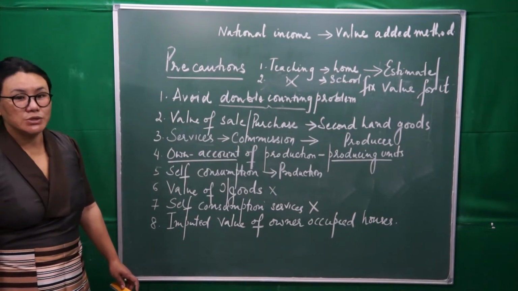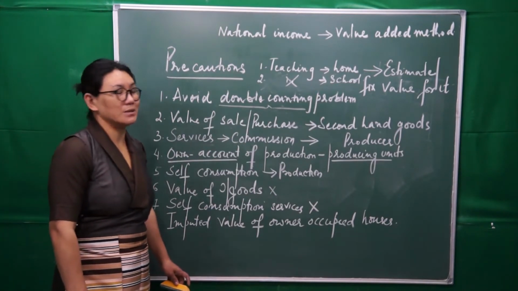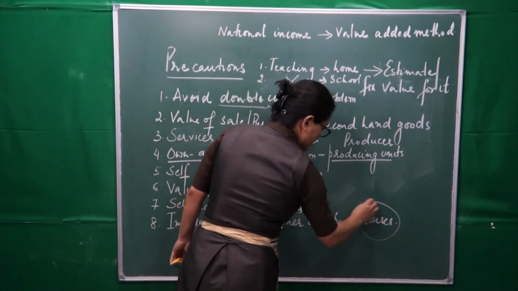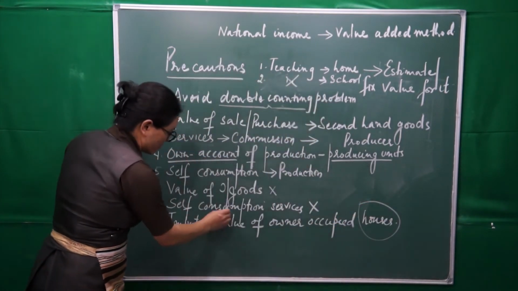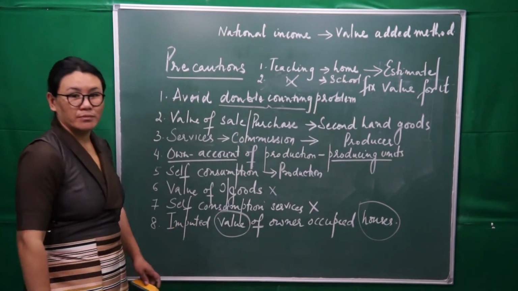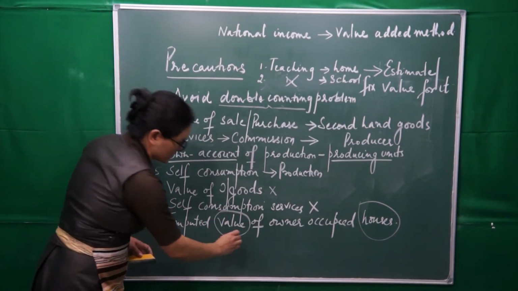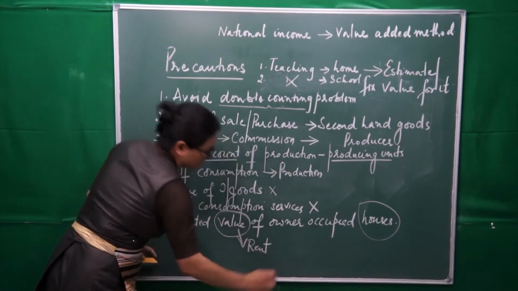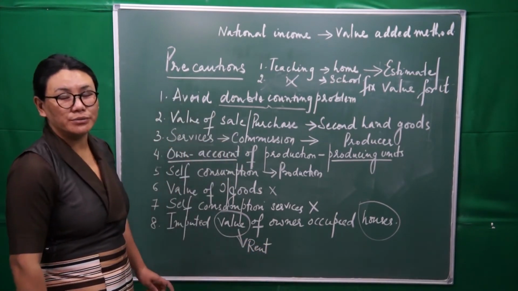This one is taken into consideration in this method. Why? This house has a value, and from a house we get rent, a rental value.